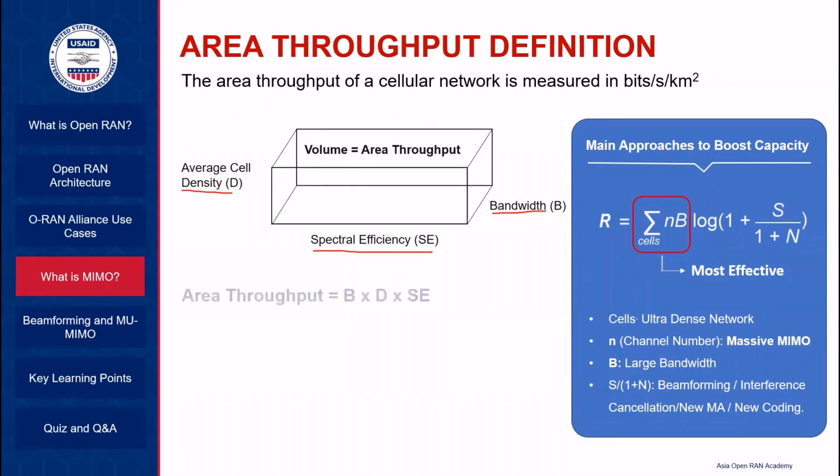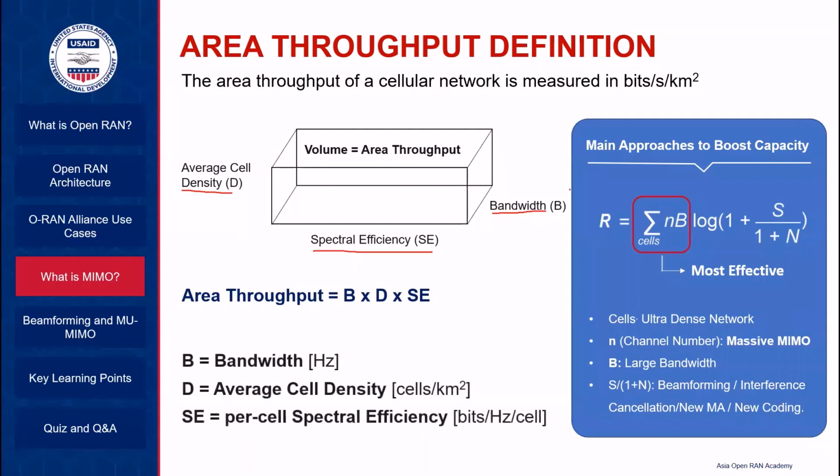So the formula for area throughput is simply multiplication: the bandwidth, the average cell density, and the spectral efficiency. If you're familiar with Shannon's formula, it also uses this.